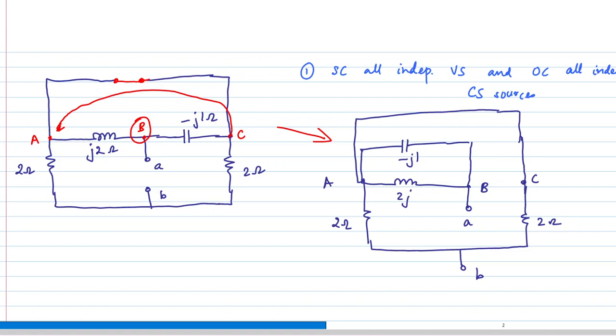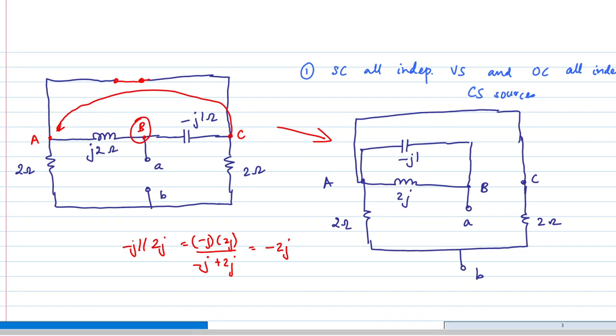The parallel combination of minus j and 2j is given by minus j into 2j divided by minus j plus 2j, that is equal to minus 2j. So now we can replace this parallel combination of minus j and 2j with a single impedance of minus 2j.